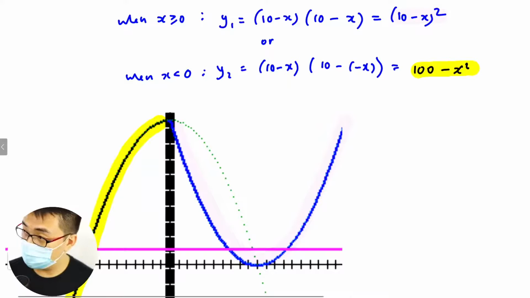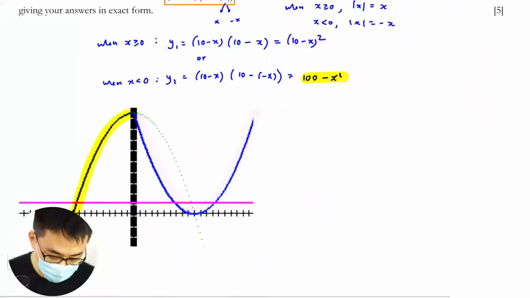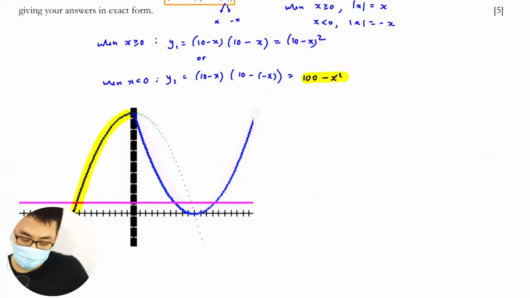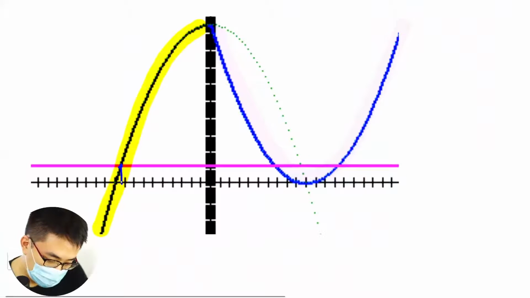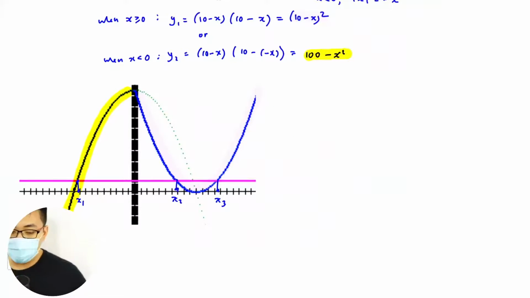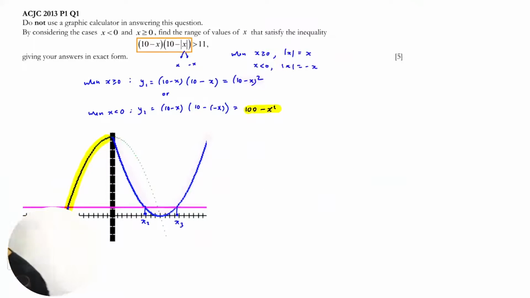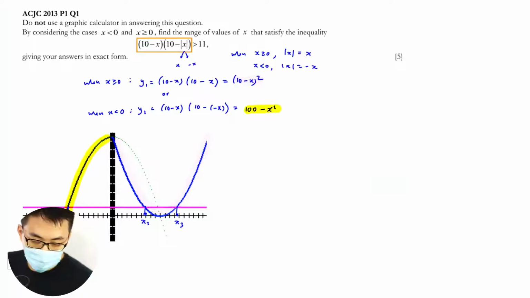Is it okay? So this is x1, x2, x3. Now, of course, in the exam, you don't need to draw the graph out. The GC is there to help you understand what's going on. For a modulus equation, if you can break it down to the equations, then you win already. So in this case, what we need is to find x1.